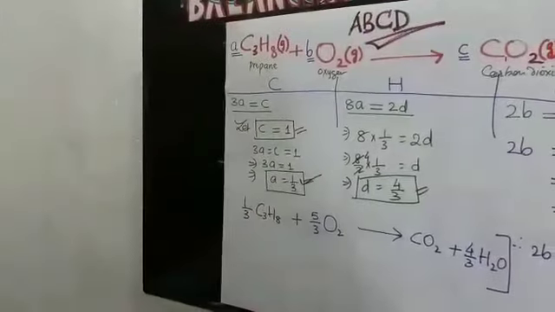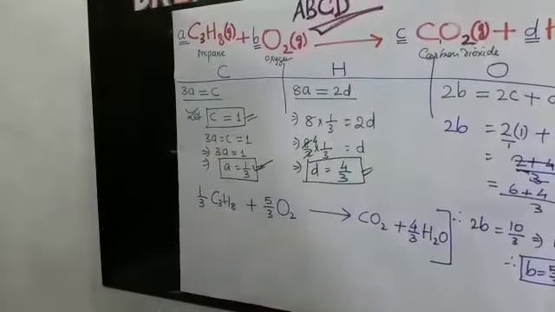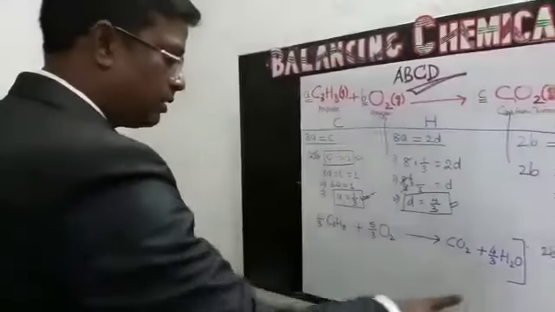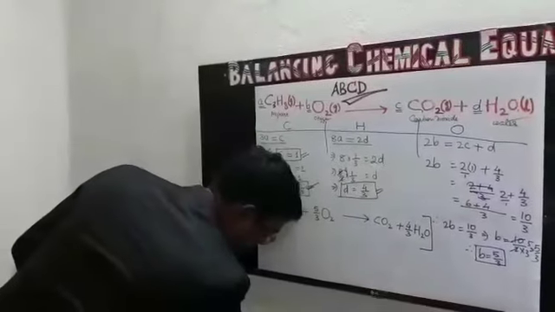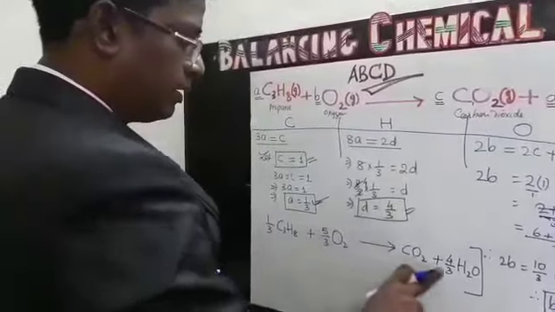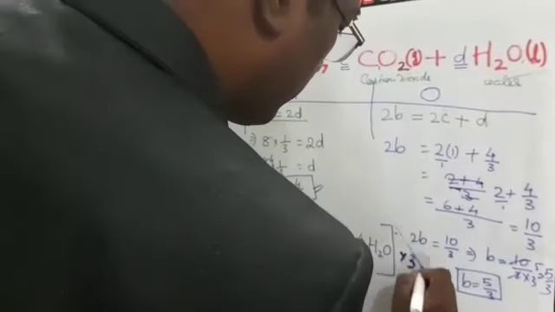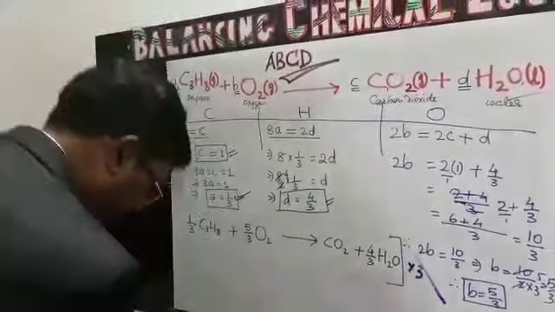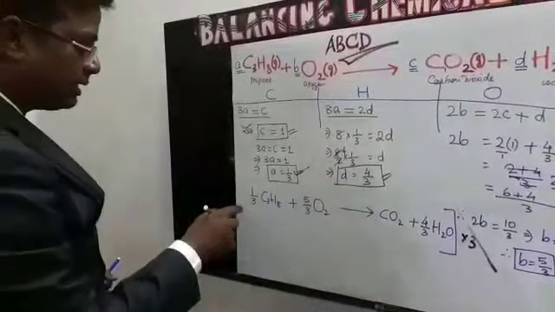Now in fraction, the equation looks untidy. So to cancel out 3 in the denominator, we will multiply the whole equation with 3 because 3 is appearing here, here, here. So if we multiply with 3, let's see what happens. 3 into 1 by 3 cancels out.